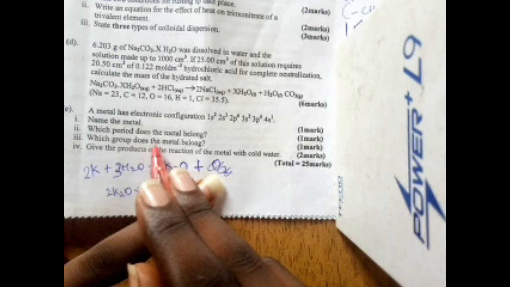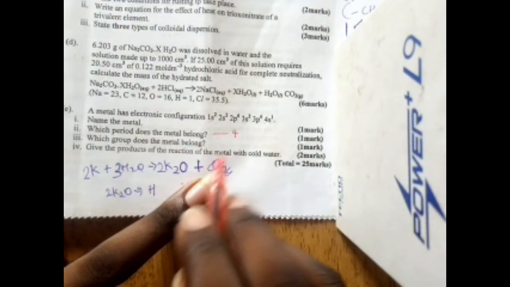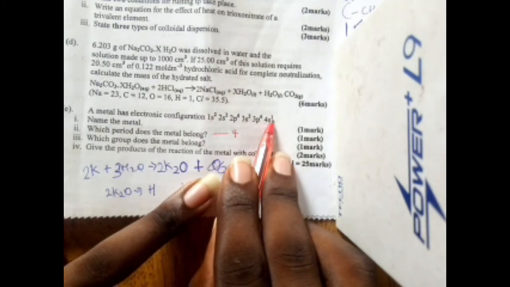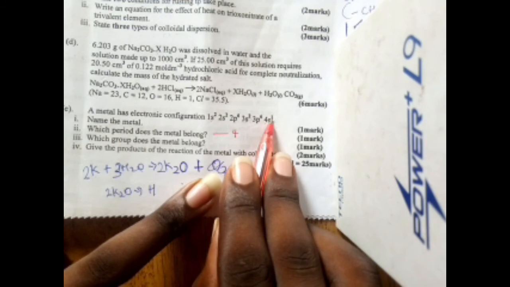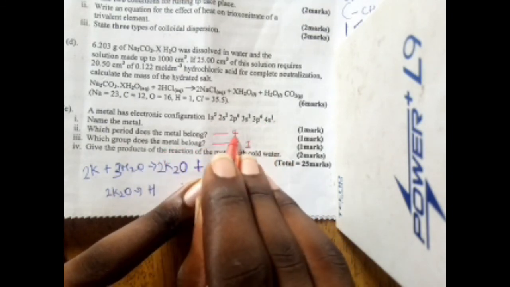So this belongs to period 4. The number of electrons in the outermost shell is 1. So the group is group 1 and the period is 4.